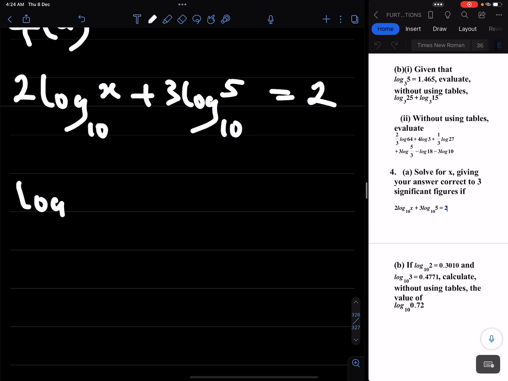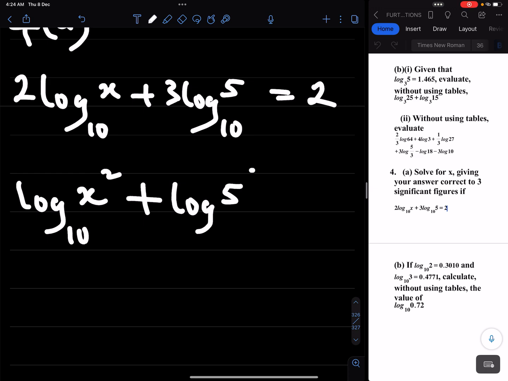First of all, this is the same as log x squared base 10. Before you can combine the logarithms, you must make sure that the coefficients of the logarithms are 1s. Plus 3 log 5 base 10 is the same as log 5 raised to power 3 base 10, and that's equal to 2.